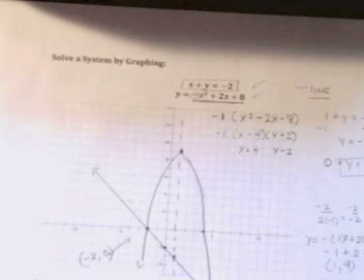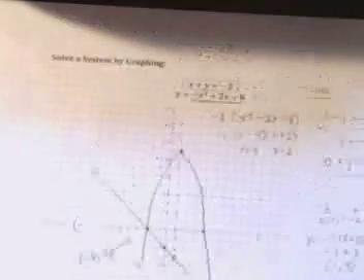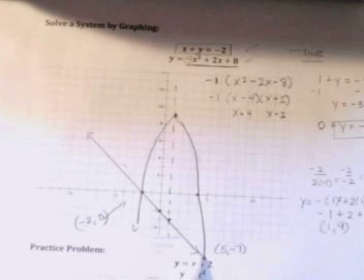I'm kind of guessing that this is an intersection at (5, -7) on my graph. But notice I've run kind of all the way off the graph, and it's a little bit difficult for me to tell whether or not that's actually a point on the graph. So the way to determine whether it is or not is to check it.